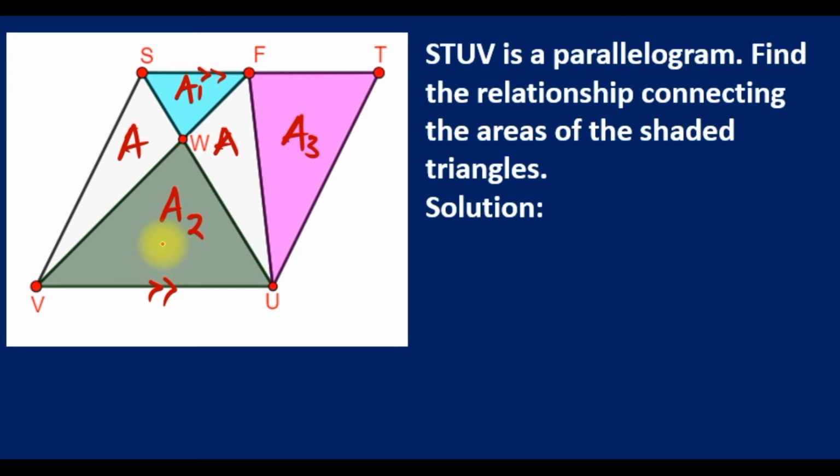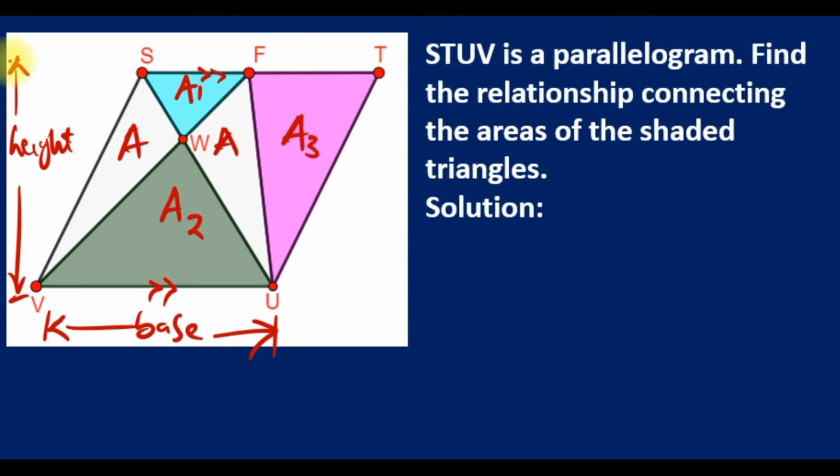we will notice that, remember, this is a parallelogram. The area here and here are the same because they have the same base, as you can see, and the same height. And the area of a triangle is half base times height.